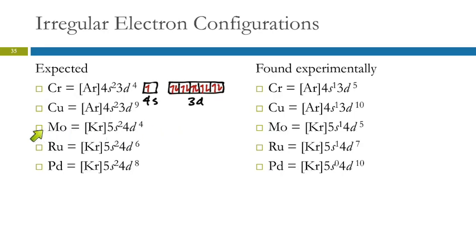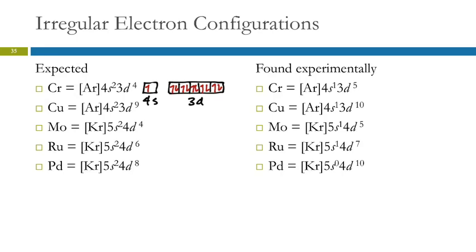And we see a similar thing for molybdenum. We expect its configuration to be like chromium, 5s2, 4d4, and that one electron bumps up. Things get a little stranger after that. Ruthenium and palladium also have irregular electron configurations.